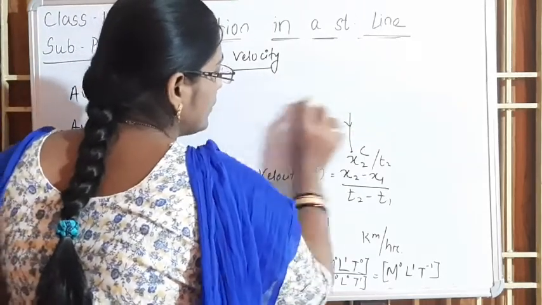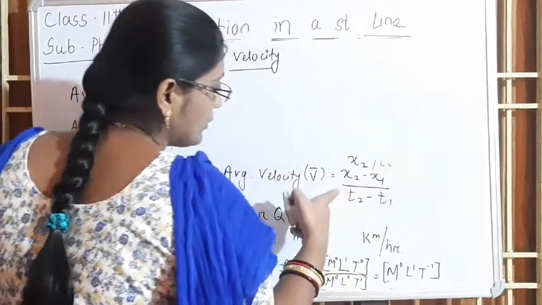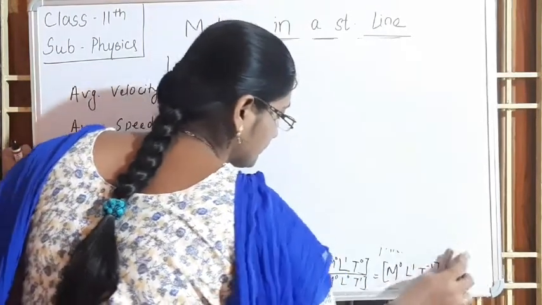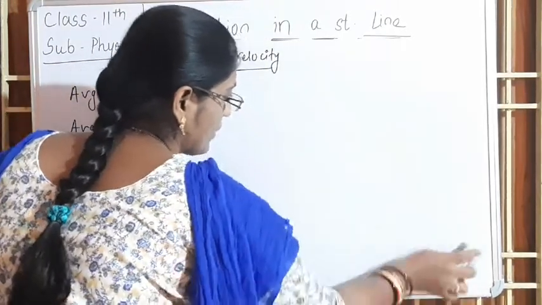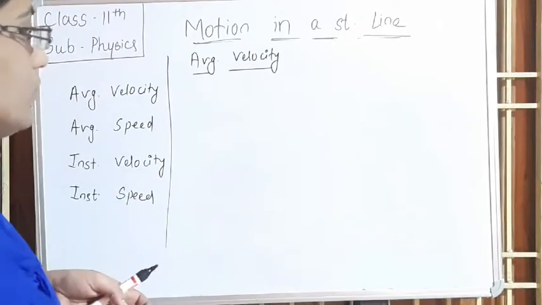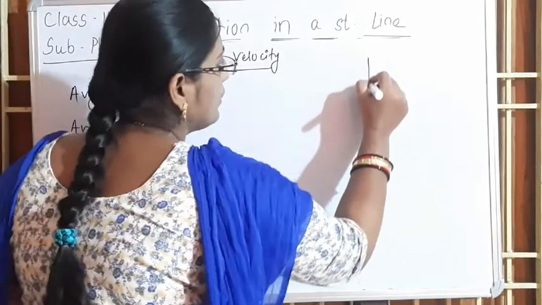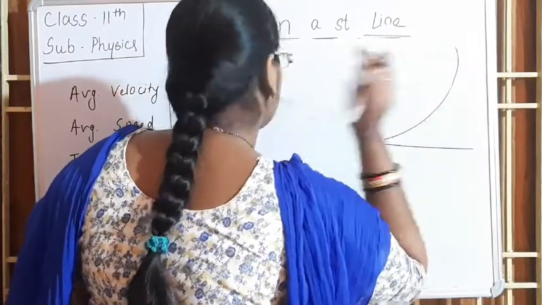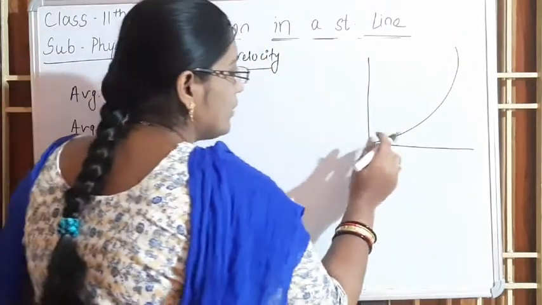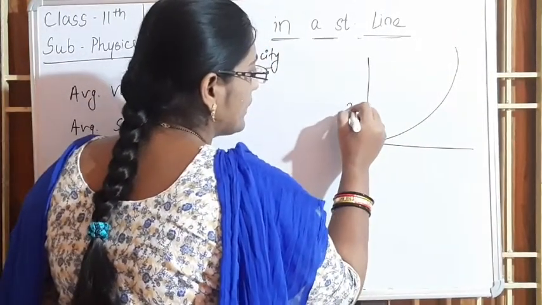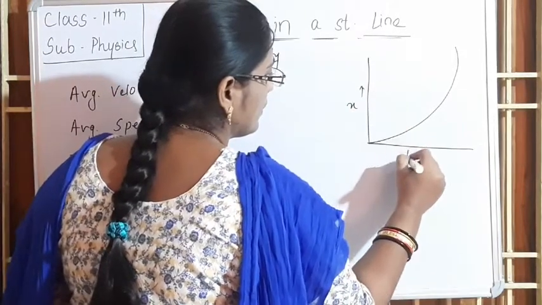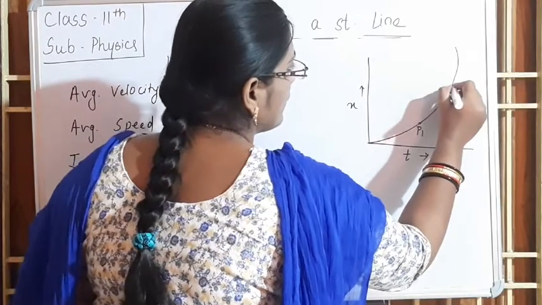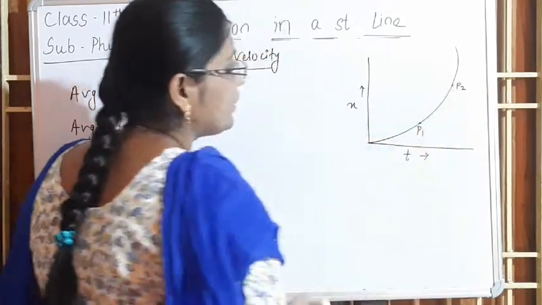Also, we can derive this formula from the graphical method. Now, see the graph. Suppose this is the curve of the journey of a car, and this is the point P1, this is the point P2.